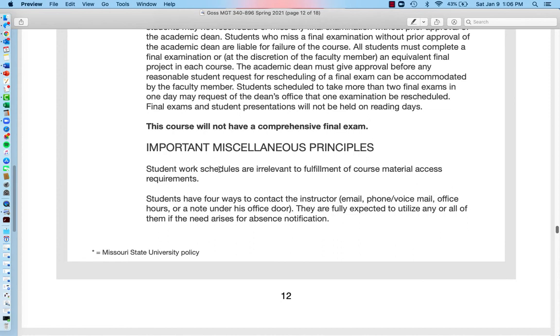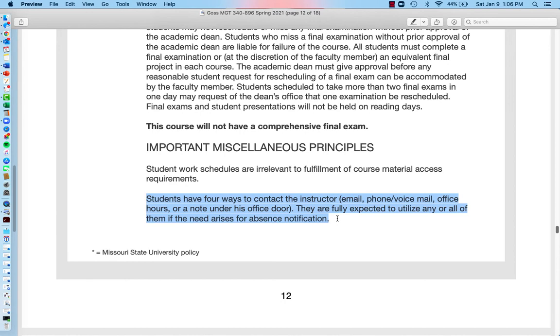This means you will need to complete this particular course in addition to the work that you're doing. So work does not let you off the hook from doing what you've got to do with regard to this class.